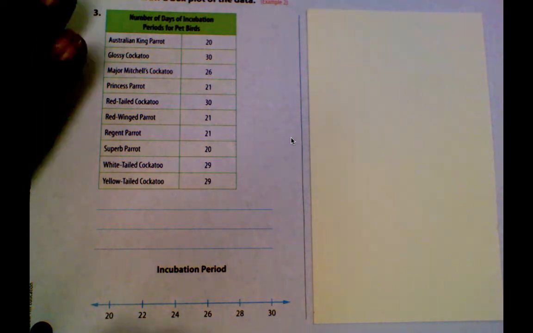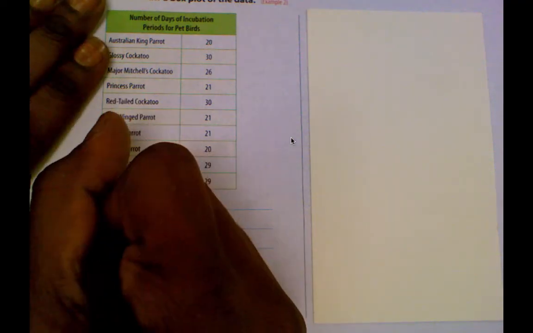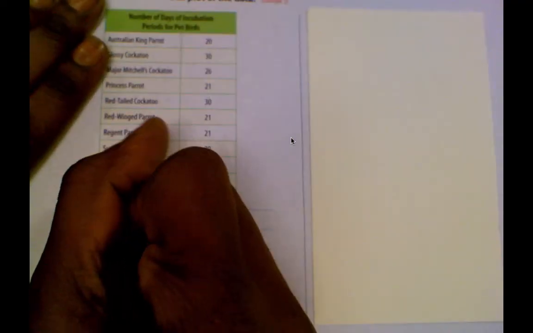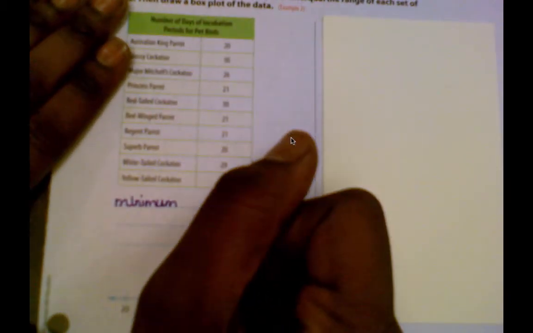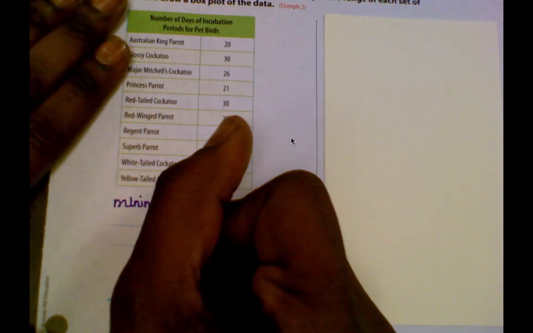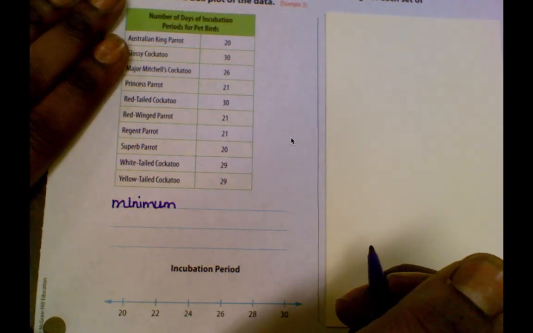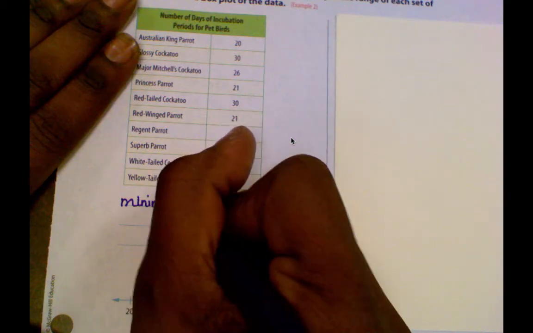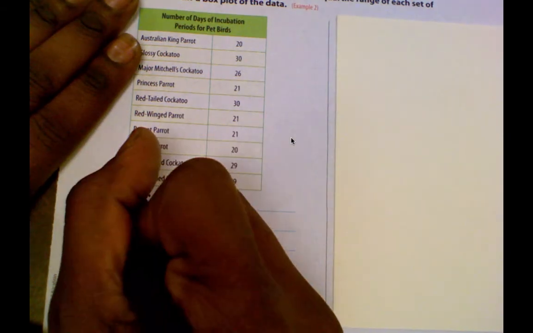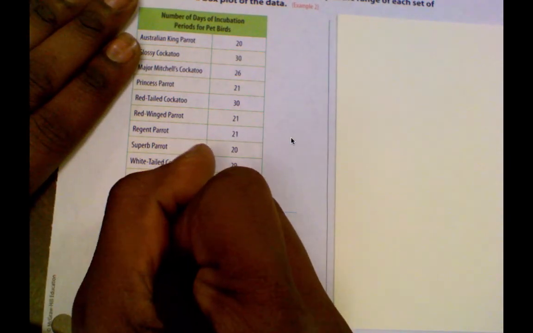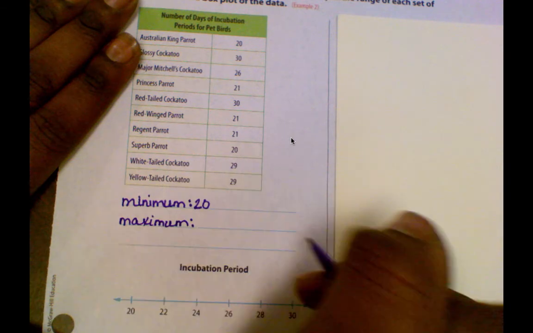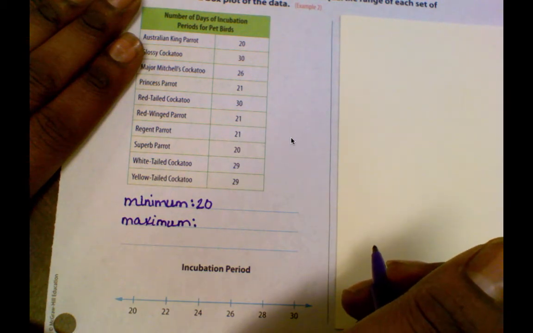So the first thing we need to find, or the easiest thing in my opinion, would be the minimum value. And the minimum value in this list of data would be 20. The maximum value in this data is 30.